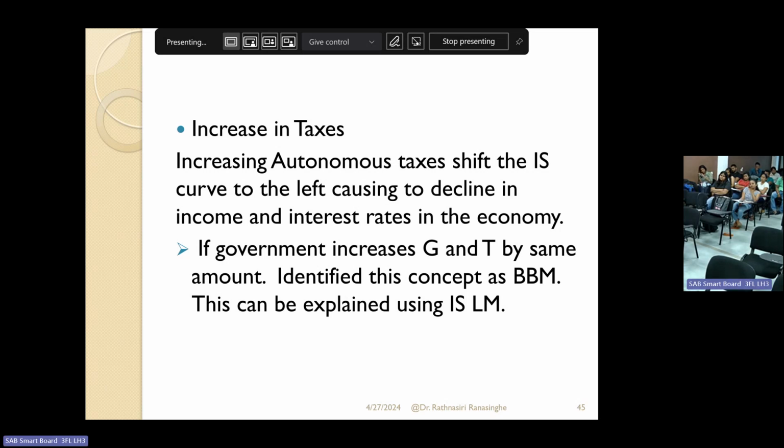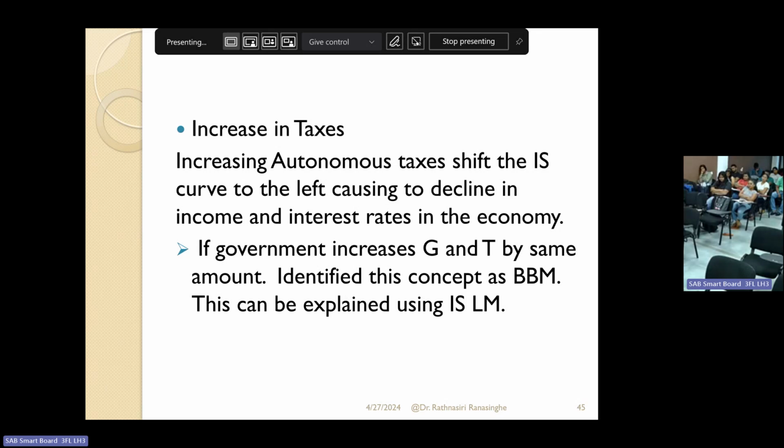For example, if the government raises expenditure by 100 billion and raises taxes by 100 billion, income will increase by 100 billion. So we can explain that point.